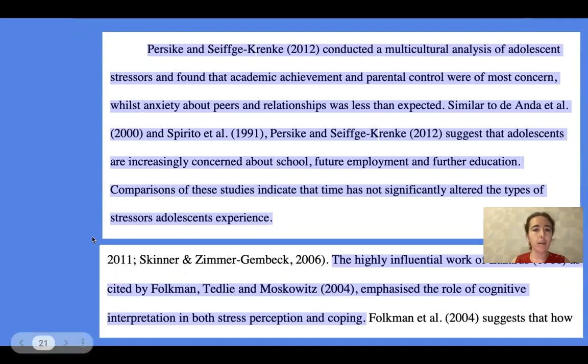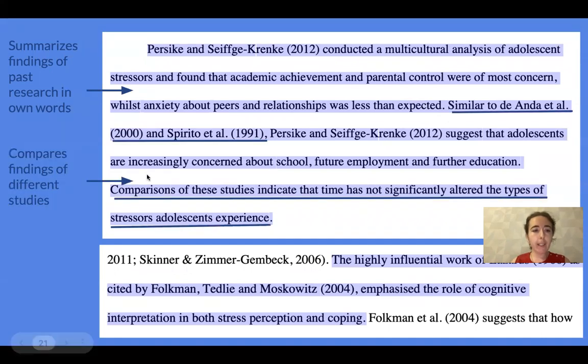Okay, so what is going on here? So the first thing I think the student does well is they summarize the findings of past research in their own words, right? So in this sentence, they're summarizing what this study found in their own words. Then what are they doing? They're making a comparison of findings, just like we were talking about earlier. They use this word similar to, and they make a connection, right? So they're drawing connections between authors.